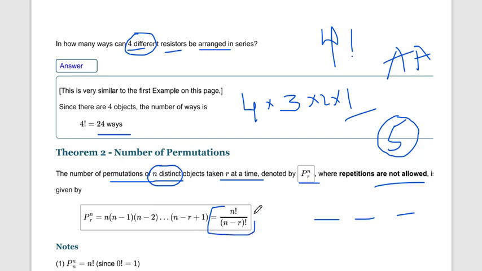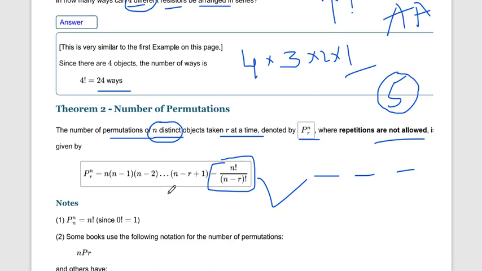You have to remember this formula: n factorial upon (n minus r) whole factorial. You have to remember this formula for our next example, and also for the probability chapter. If you use nPn, there are n phones and we have to choose all n phones. So what arrangements can be done?